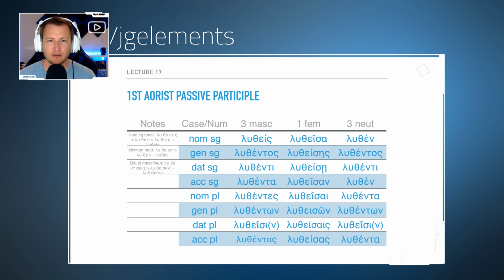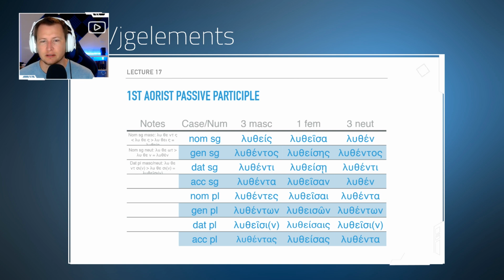So here's a passive participle. First aorist. You have li plus theta epsilon plus your nitav plus your endings. Okay. The nominative singular is a little different. Okay, it's third declension, so the nitav ends up dropping out. To compensate, you get an iota instead.